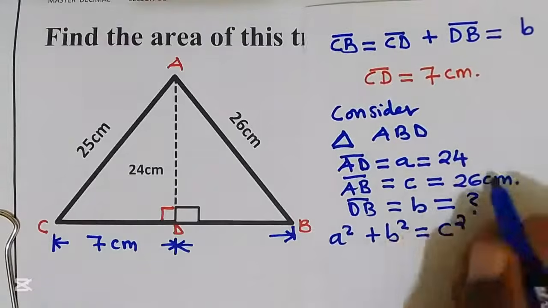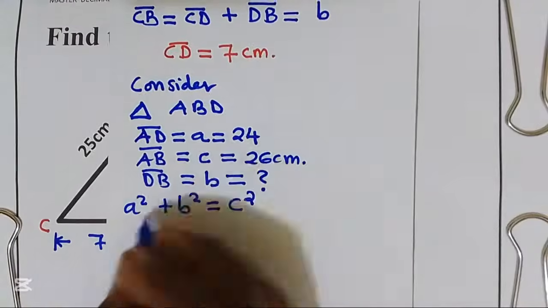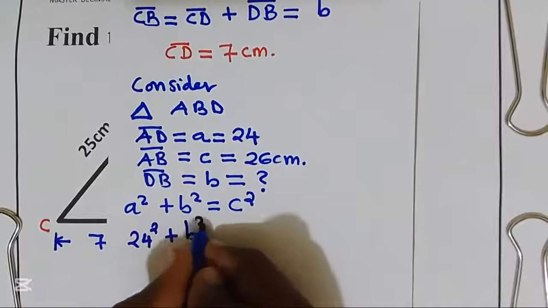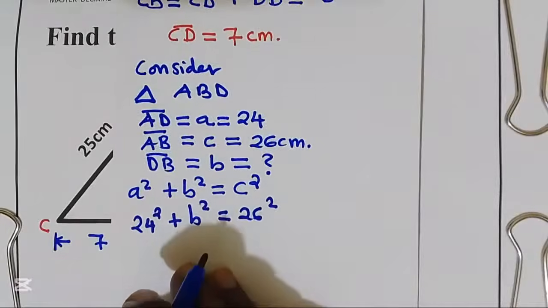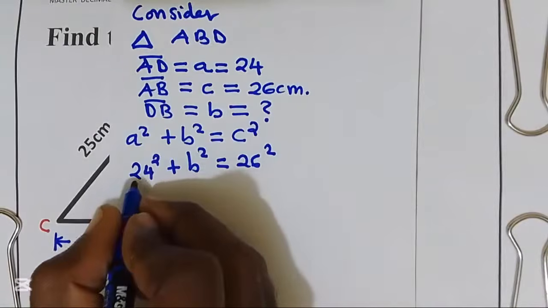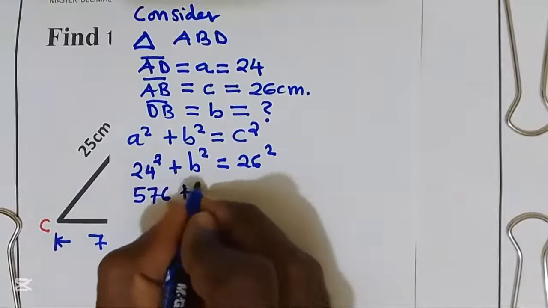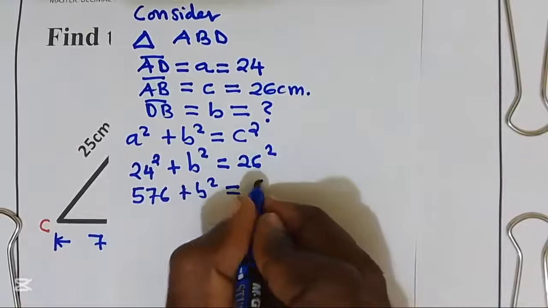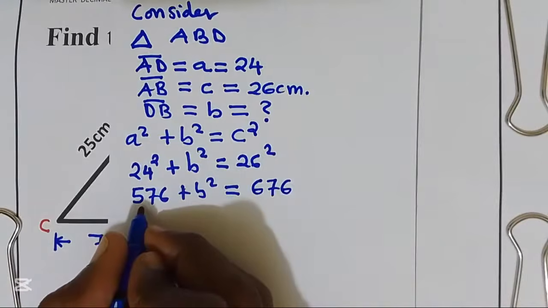Let us substitute this into the formula. That is a equal to 24 squared plus b squared is equal to c, which is 26 squared. 24 squared is the same as 576, plus b squared is equal to 26 squared, which is 676. Let's take the 576 to the right hand side.